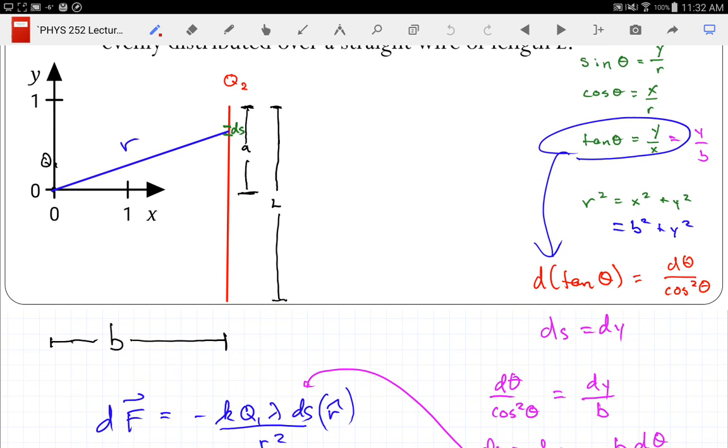So I had specified that my dq, the charge distribution, was a one-dimensional charge distribution. dq was equal to lambda ds. So that was the first thing.